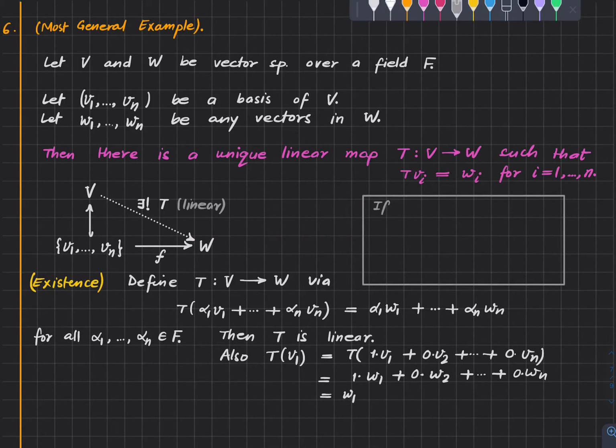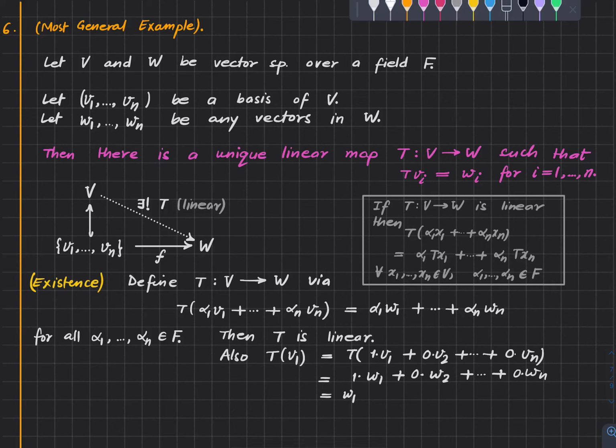If T is linear, I'm saying something very, very general, then T of alpha 1 x1 plus ... plus alpha n xn is alpha 1 T x1 plus ... plus alpha n T xn. This is for all vectors x1 up to xn in the domain and alpha 1 up to alpha n in the field.